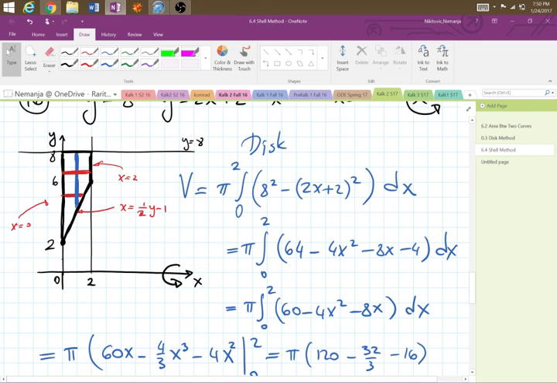The process of thinking is you draw the picture, the graph, you decide what the region is, then you decide whether it's dx or dy, which will combine with the axis of rotation to tell you whether it's disk or shell. Looking at the first example, for both methods, I did that with 2 and 7. You clearly see that for that particular problem, both disk and shell are easy and possible.